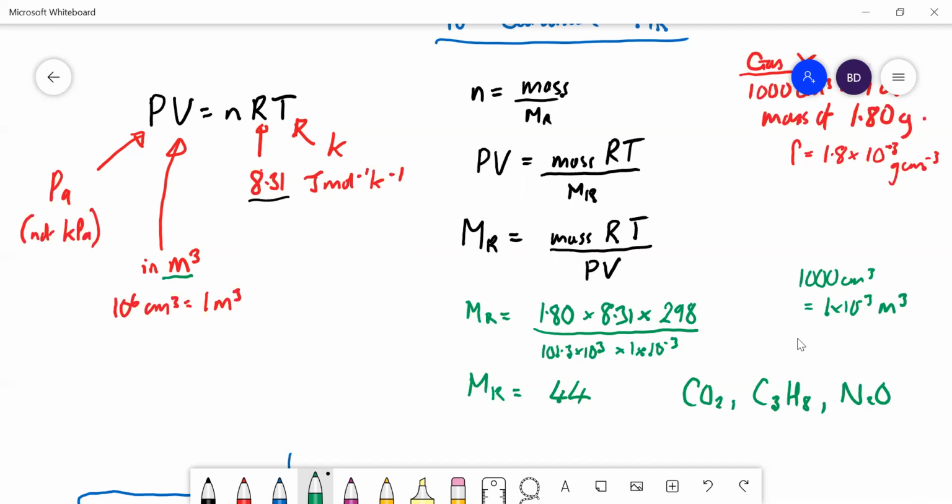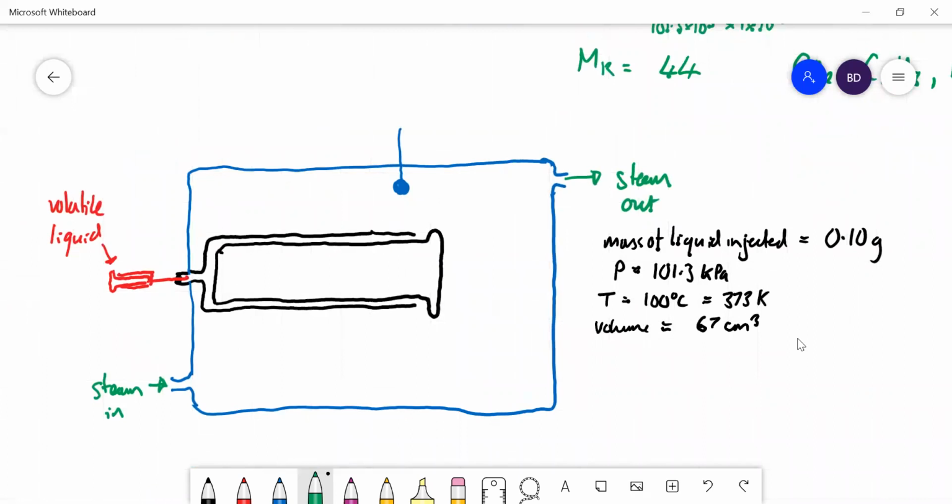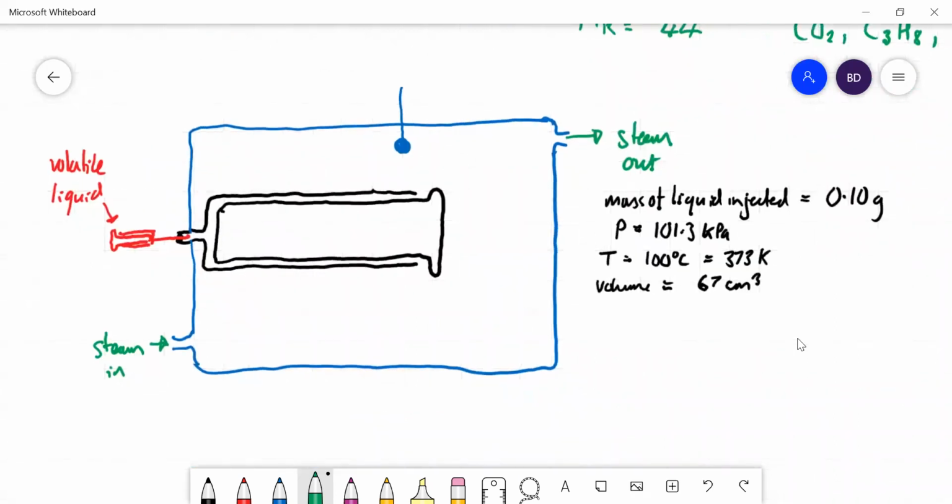Okay, so let's have a look at this little apparatus here. You can use this to find out the Mr of not just gases, but also a volatile liquid, which means one with a low boiling point. So it's suitable for finding the Mr of organics. What you do is, you have this black syringe, which is a gas syringe, in this blue see-through box that's full of steam, which means it's at high temperature.